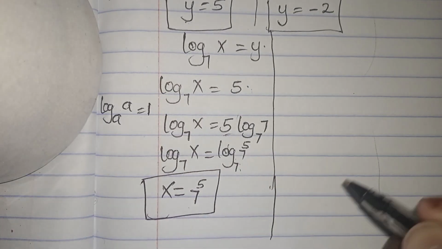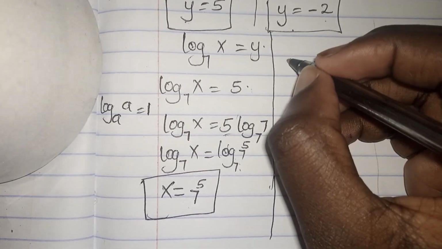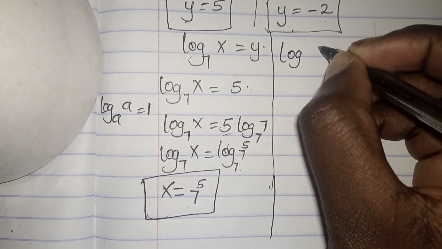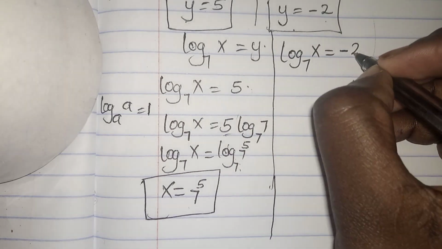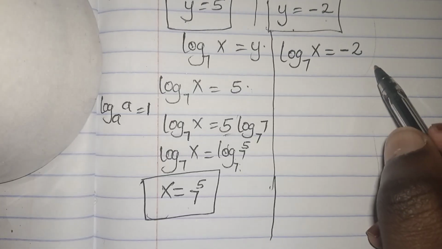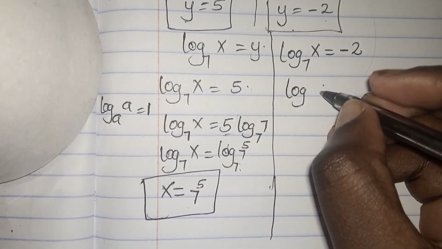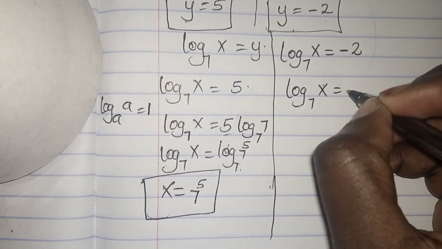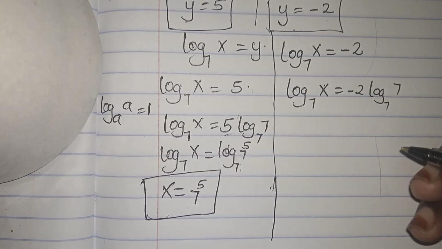So let us try the other side when y is negative 2. So we'd say let log x base 7 equal y, which is negative 2. Okay, so we shall also introduce log to our right hand side. So this will be log x base 7 equals negative 2 log 7 base 7, right?